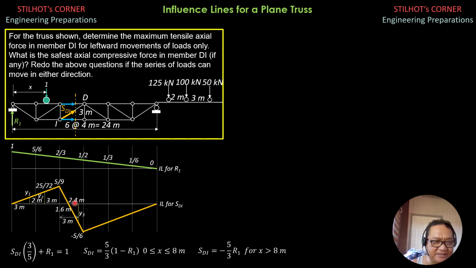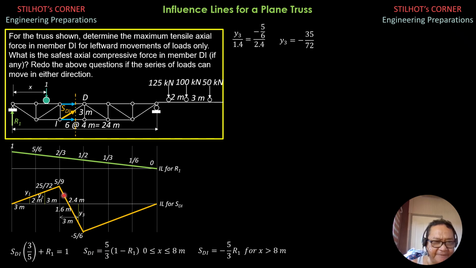By similar triangles, y3 is to 1.4 equals negative 5/6 is to 2.4. So y3 is to 1.4 equals negative 5 over 6 is to 2.4. So y sub 3 is equal to negative 35 over 72.